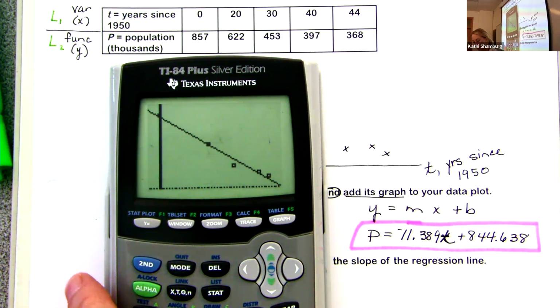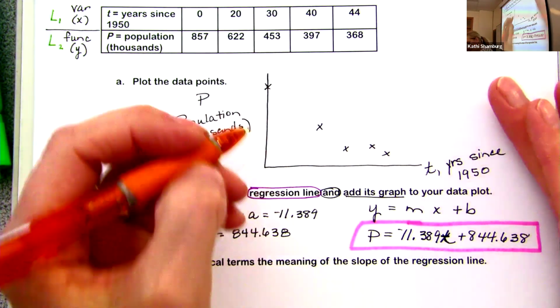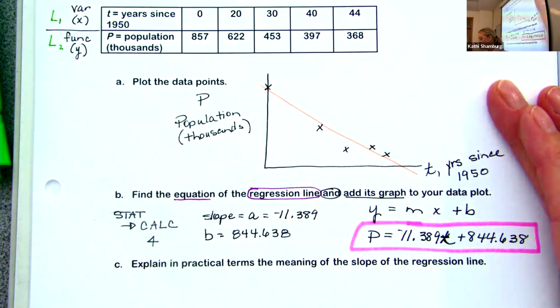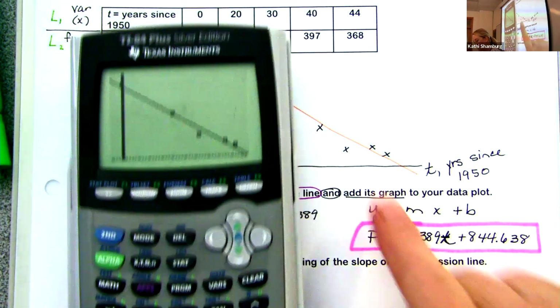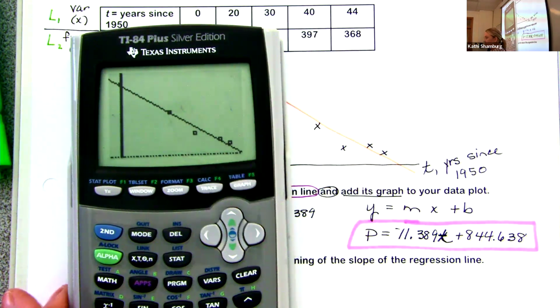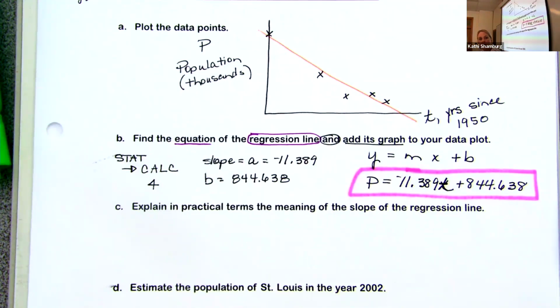So I'm going to go ahead and add that, which would be like that. You can tell mine's not exact because it goes through that second one. Mine wasn't, but that's okay as long as it's kind of close.